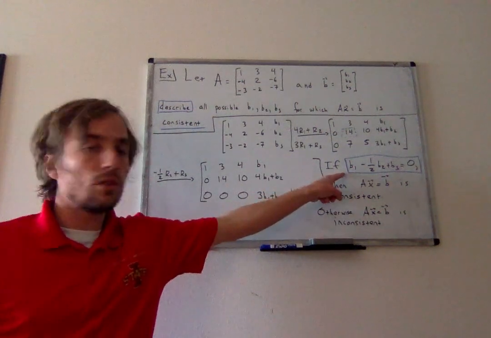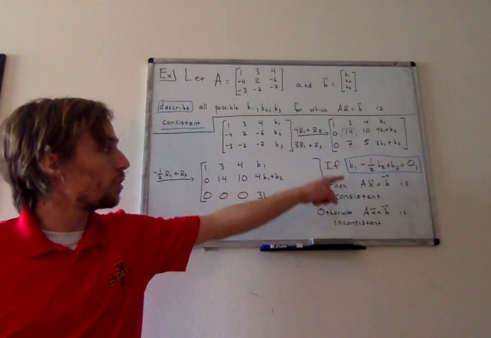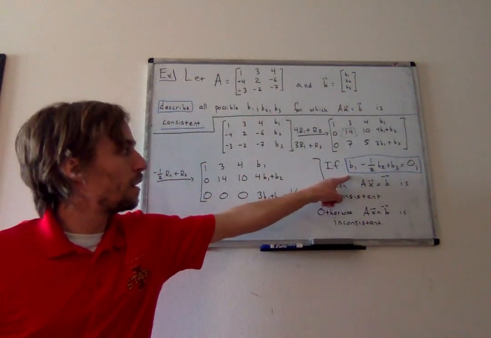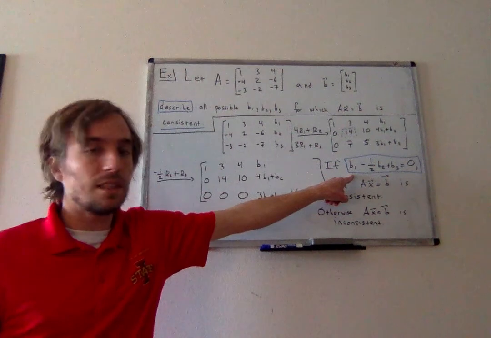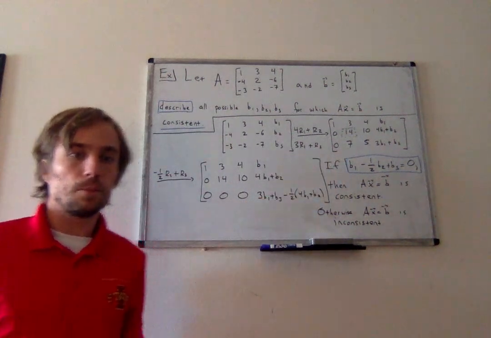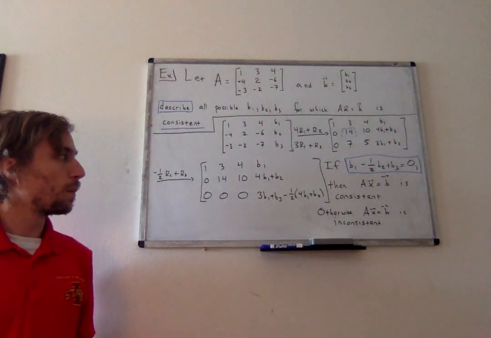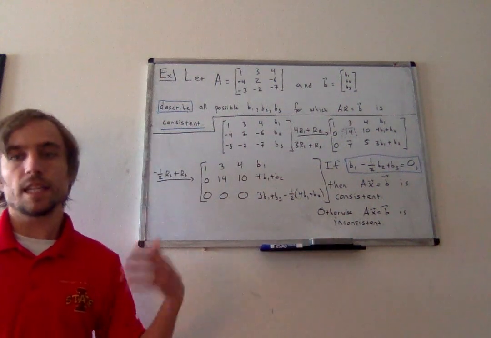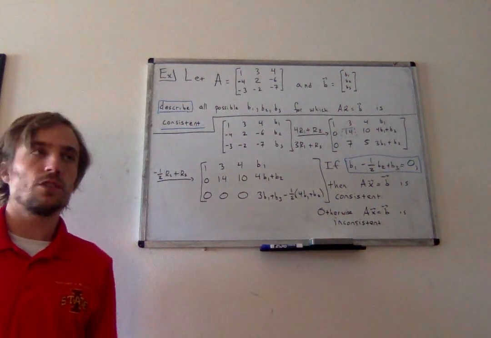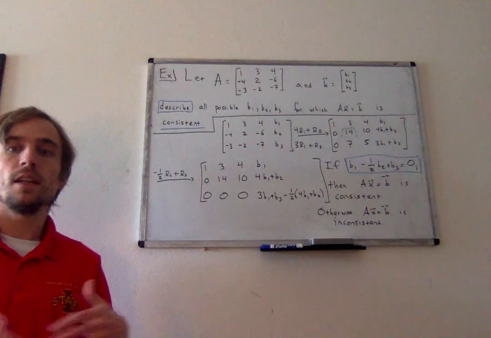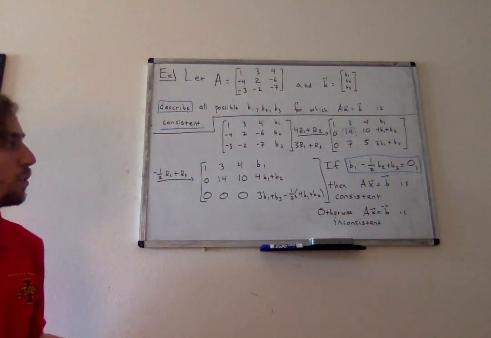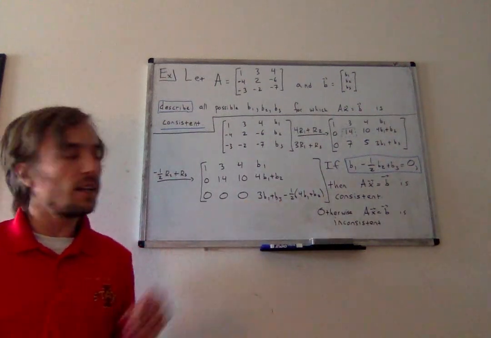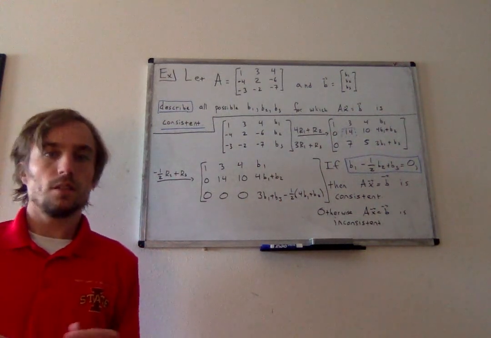But I can now describe all possible vectors which make this system consistent, because every vector b1, b2, b3 has to satisfy this equation. Right? Because the row of all zeros is fine. That gives us a free variable, and we can always find a solution with a free variable, right? In that case, we'll get infinitely many solutions to this matrix equation. But if I get a non-zero entry here, it'll be inconsistent.